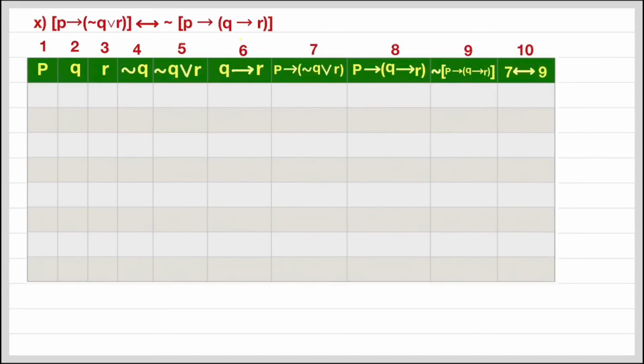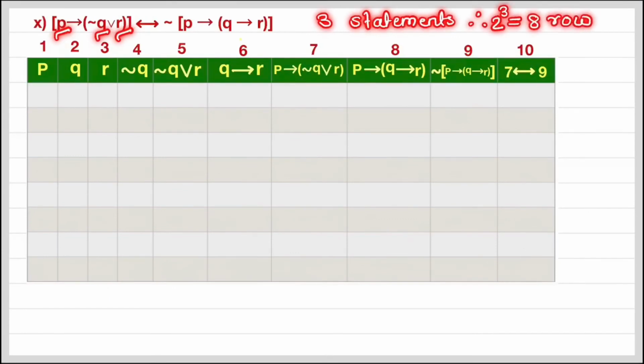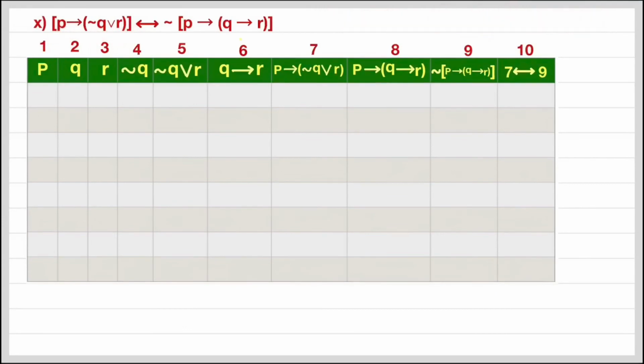Next example. P implies negation of Q or R double implies negation of P implies Q implies R. Here there are 3 statements. That means 8 rows, 2 raised to 3. Remember this rule.